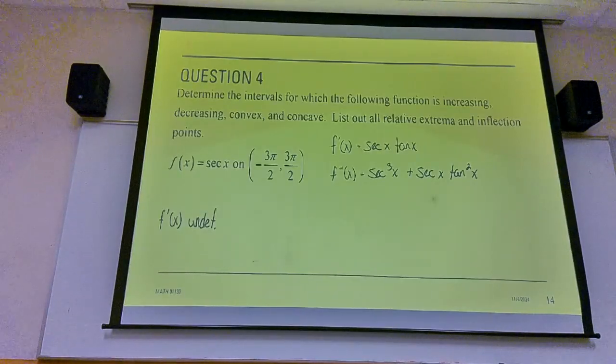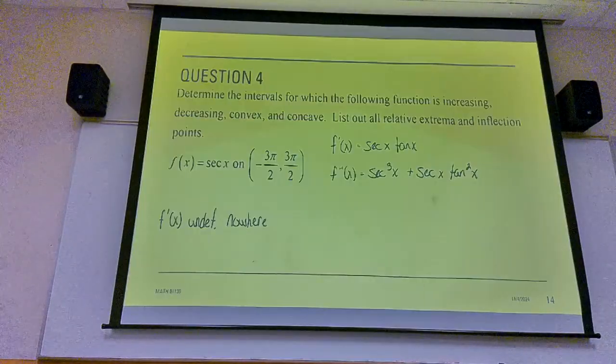Isn't pi over 2 between negative 3 pi over 2 and 3 pi over 2 though? Oh. Okay, pi over 2 then. It's defined everywhere.